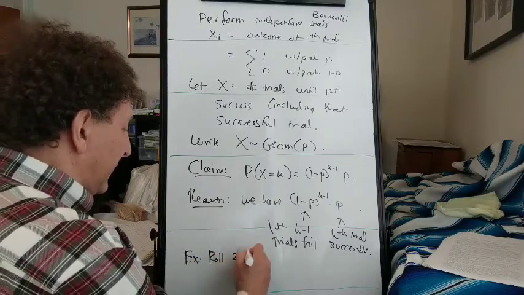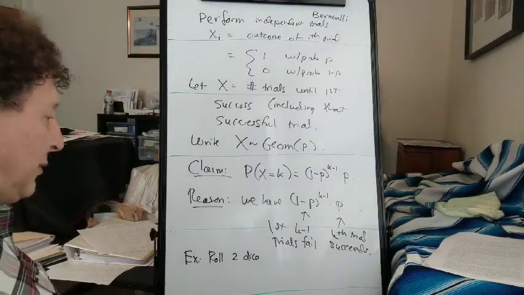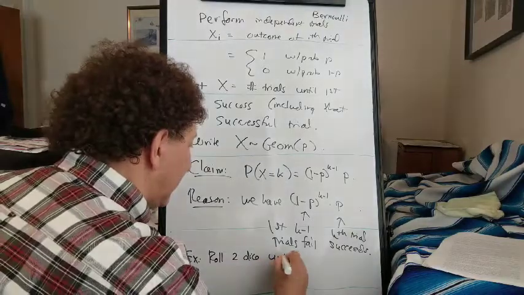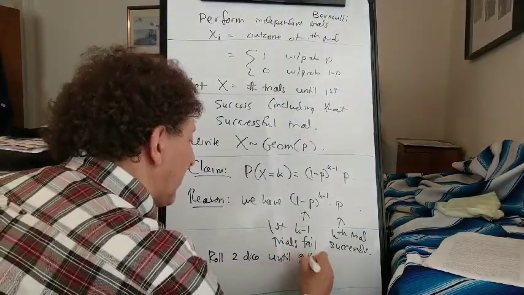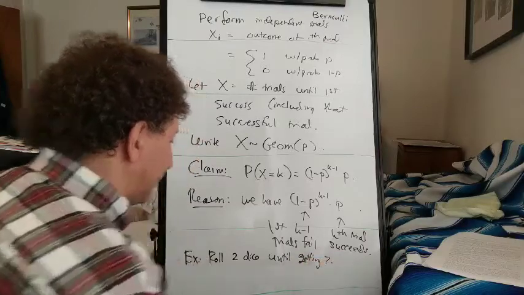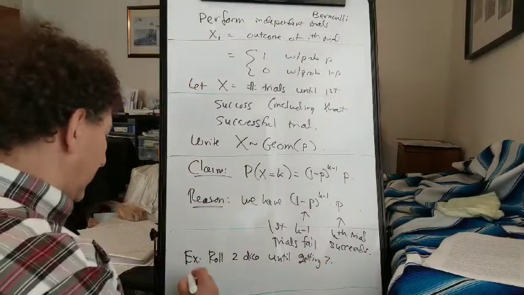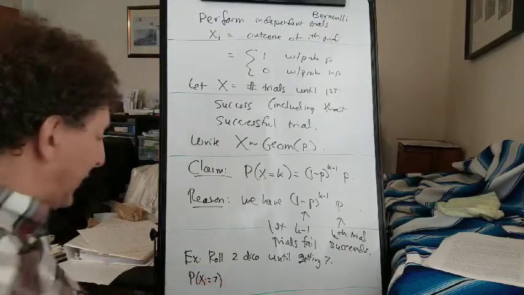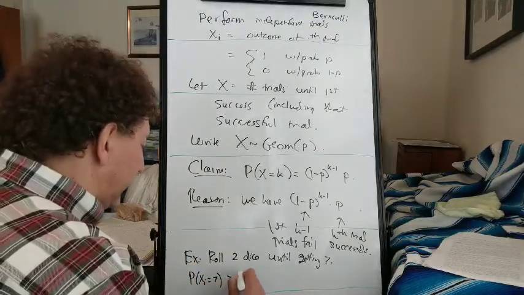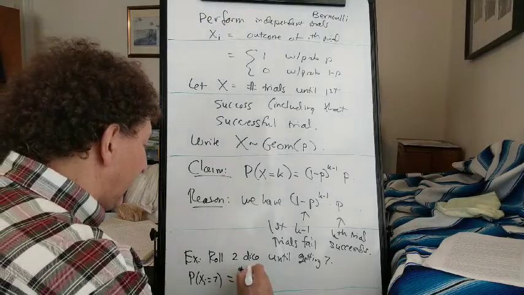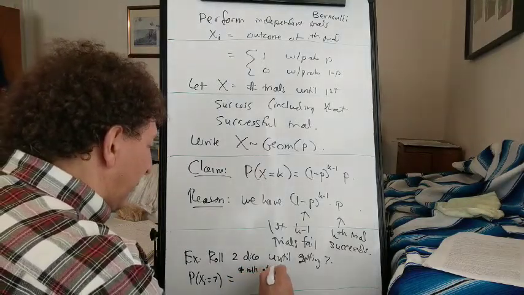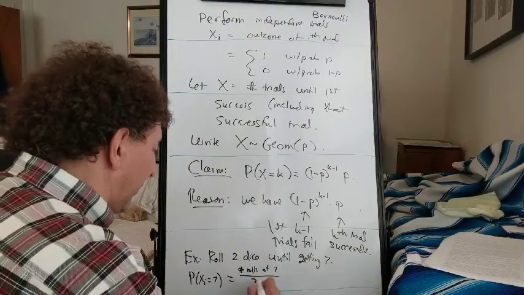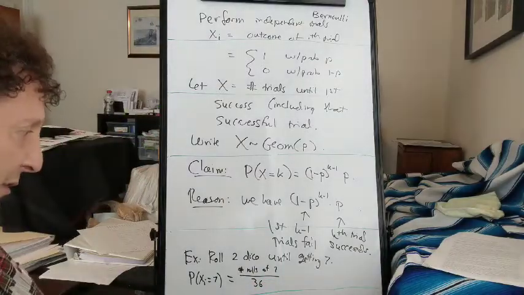So, for example, let's say we roll 2 dice until getting 7. The probability that we'll get 7 on any roll is the number of ways to roll 7 over the number of ways to roll 2 dice, 36.